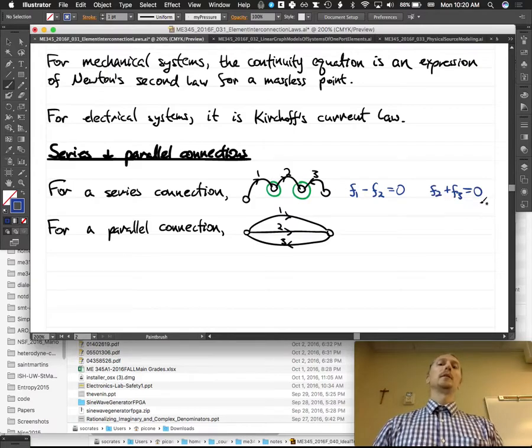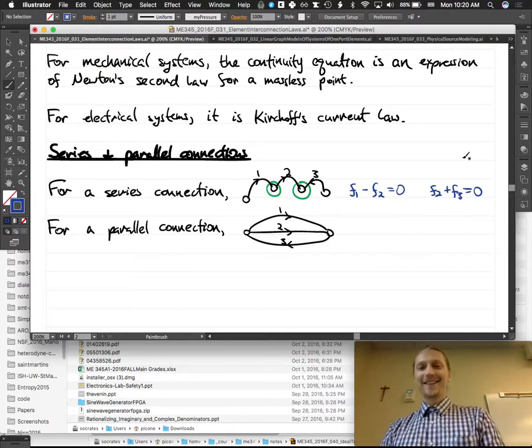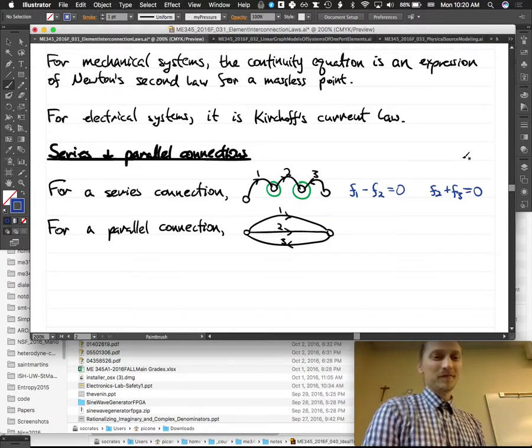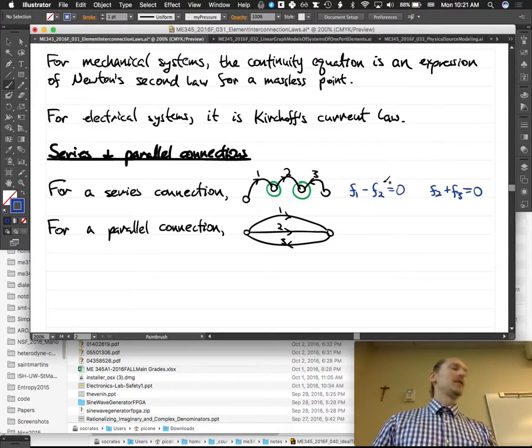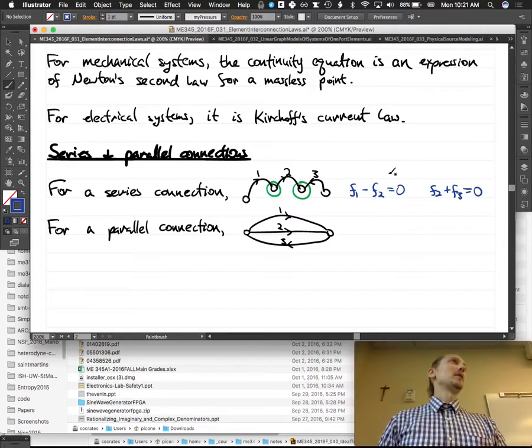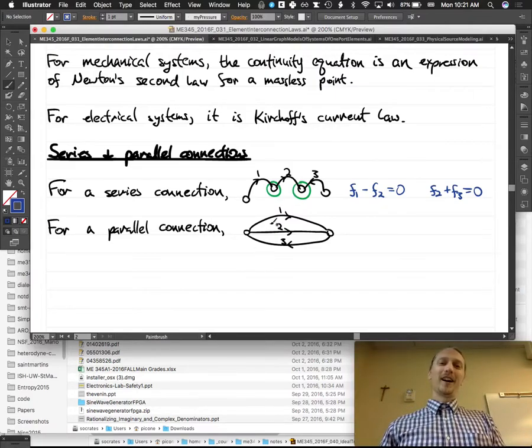So F2 equals negative F3. I mean, if we draw them all in the same direction, which we typically would, then it would just say F1 equals F2 equals F3. I just put the one drawn in the other direction to make sure that we're staying honest with our stuff. All right, here's a parallel connection.